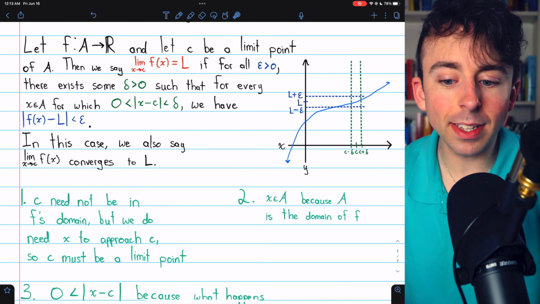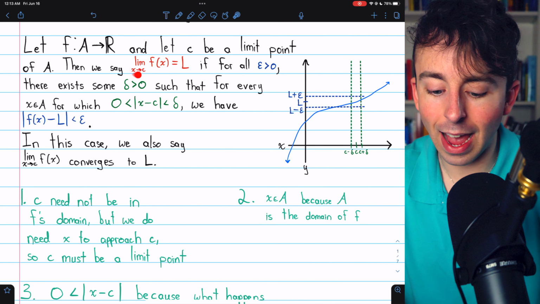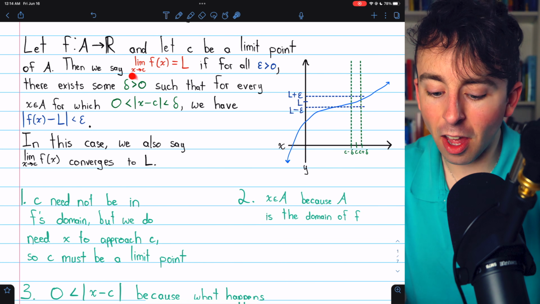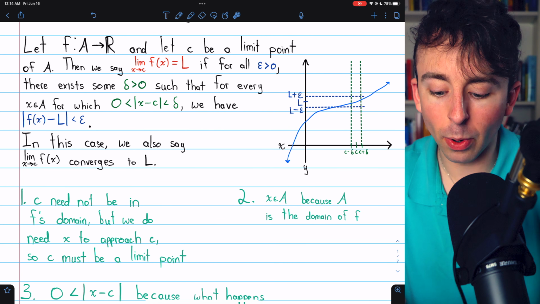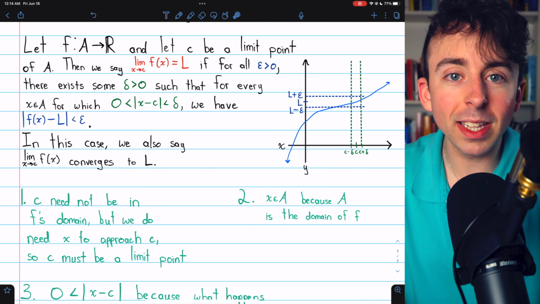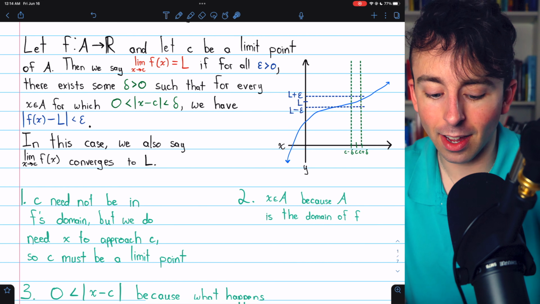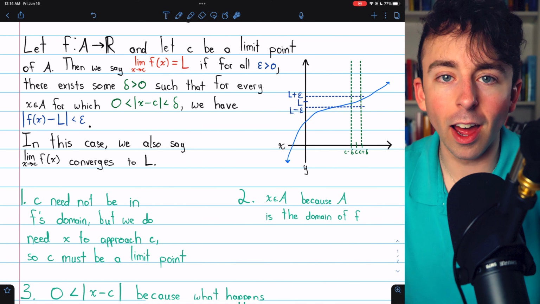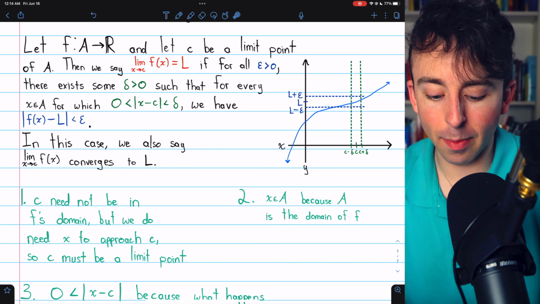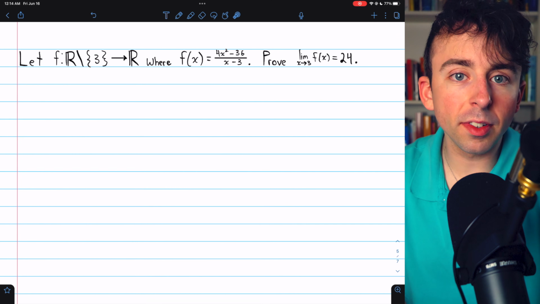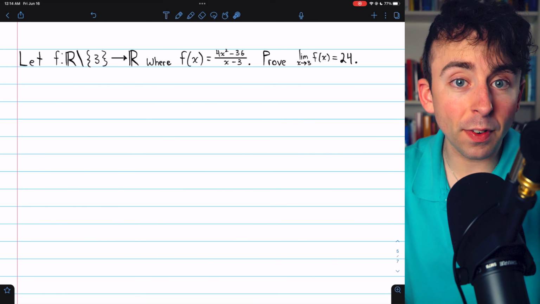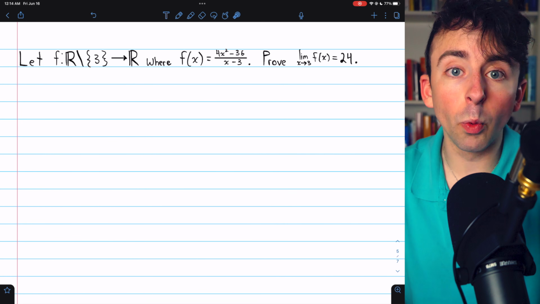Again, the definition simply says that the limit of f of x as x approaches a limit point c equals L if for every epsilon greater than 0, there is some delta neighborhood of the limit point c, so that for all domain elements x that are within delta of c, we have that f of x is in that epsilon neighborhood of the limit L. That's what it means for the limit to converge to L. Now that we understand the definition of a functional limit, we'll be able to prove some of its basic properties and finally go on to define continuity once and for all.